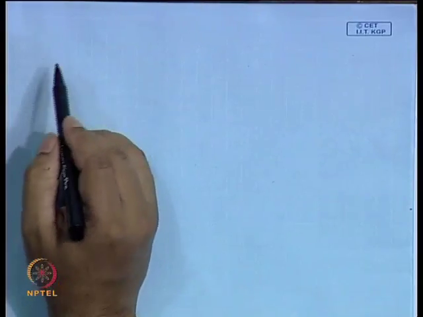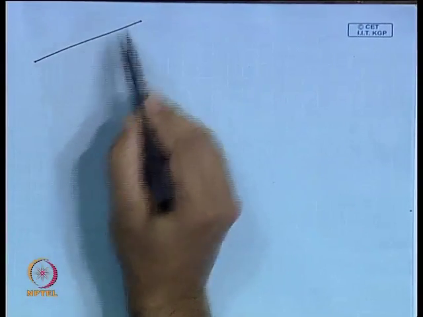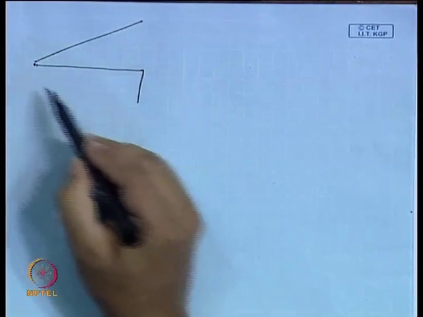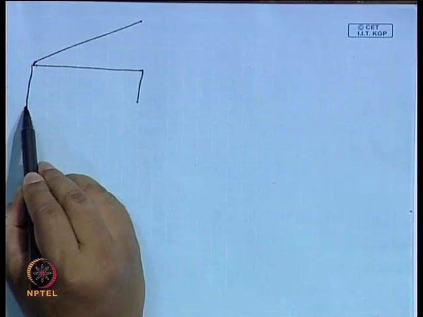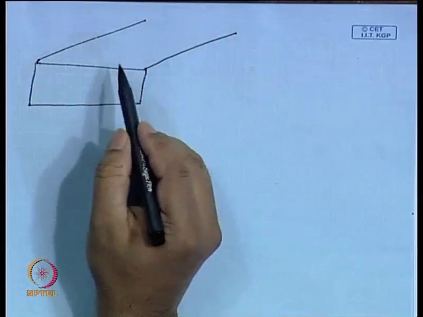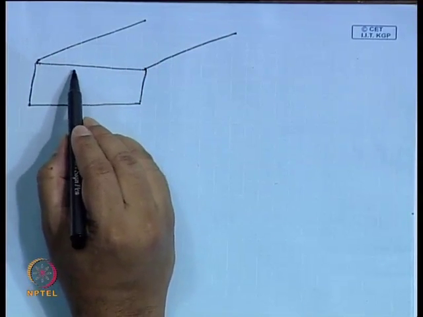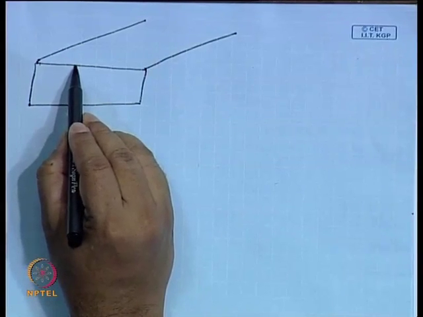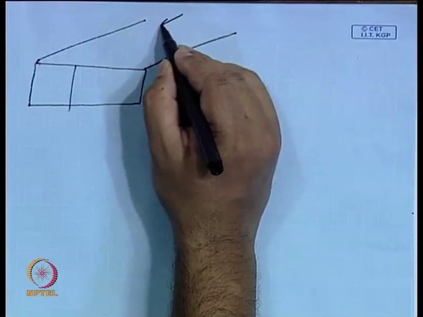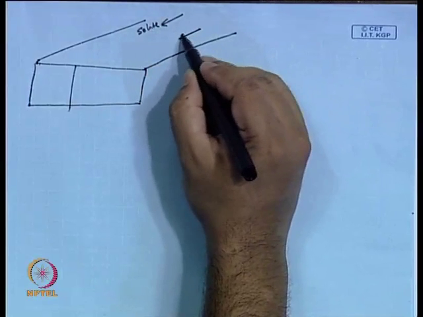What is important here is how much. Suppose you have a solute stream here, this is the solute and this is the solvent stream.